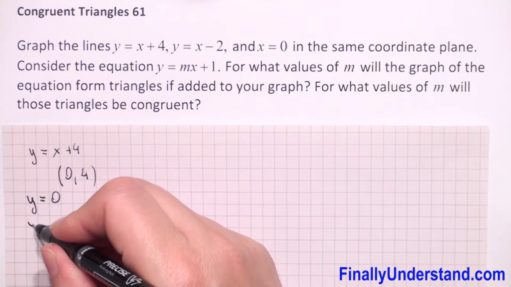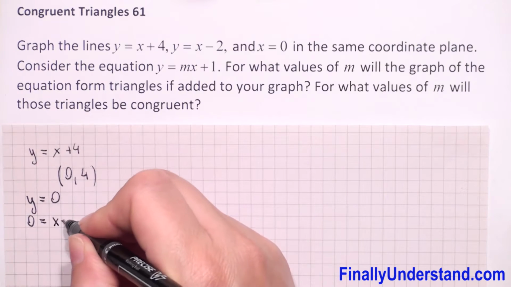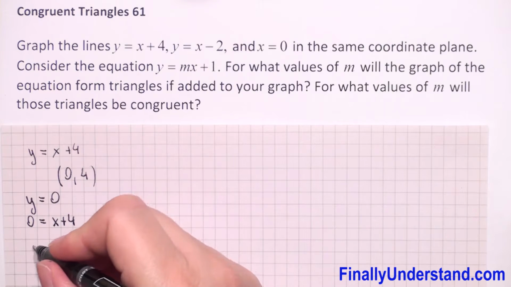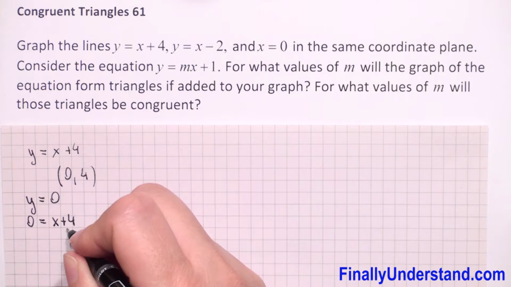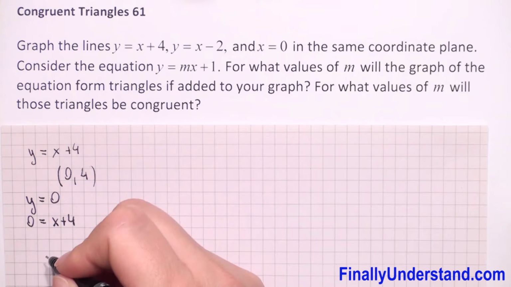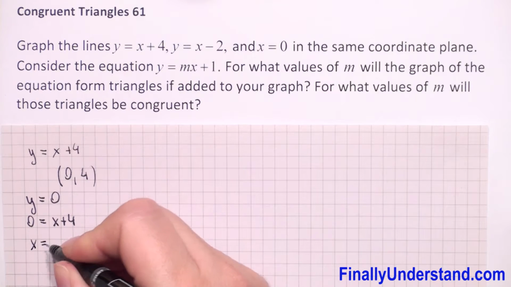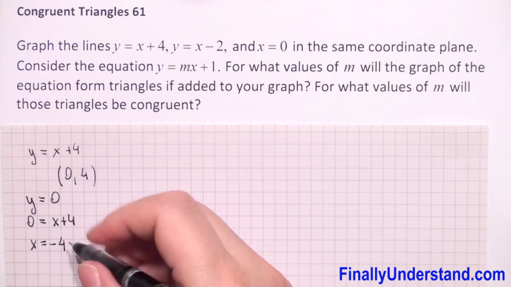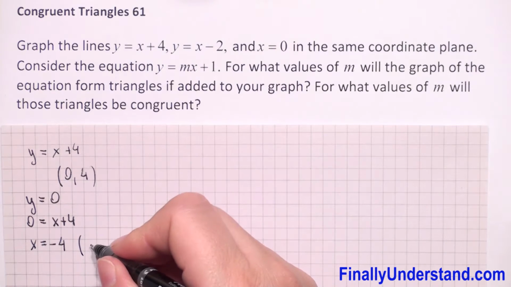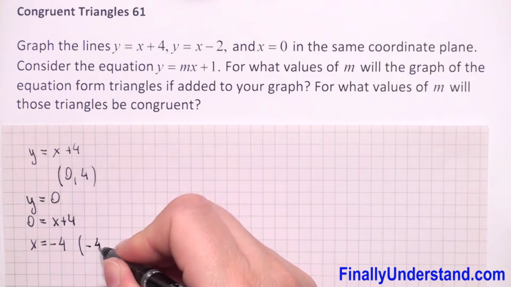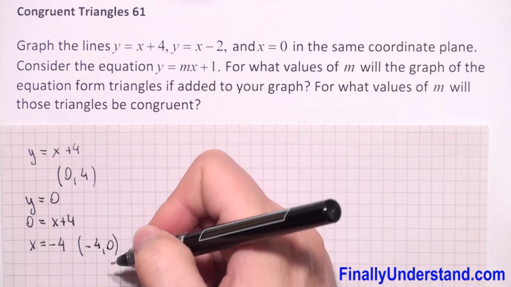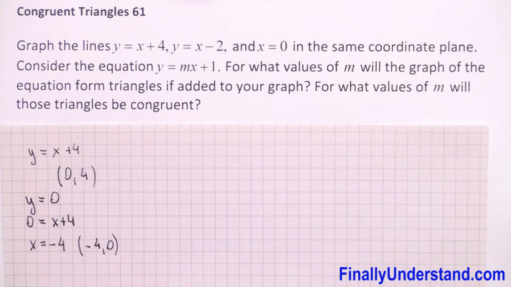So we have 0 is equal to x plus 4. I will move 4 to the left side and change the sides, so x is equal to negative 4. So the second point will be (negative 4, 0). We have 2 points, so we can draw the xy plane.